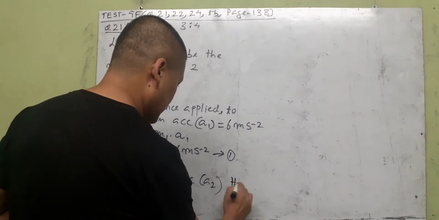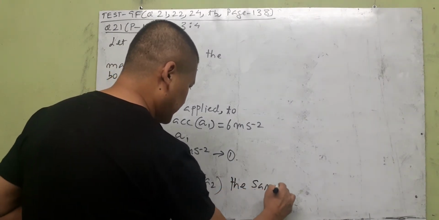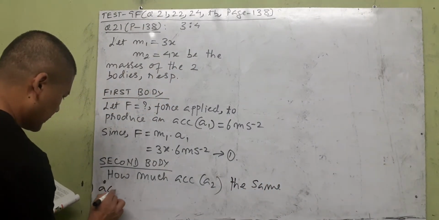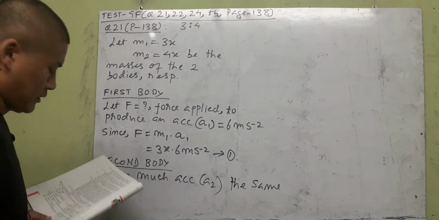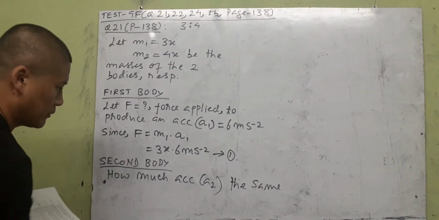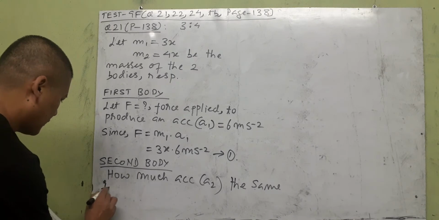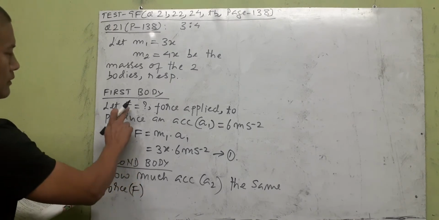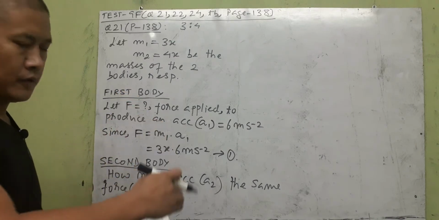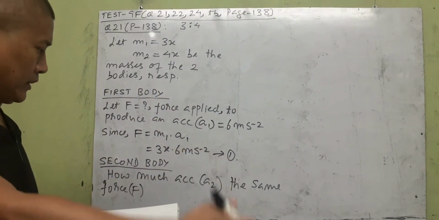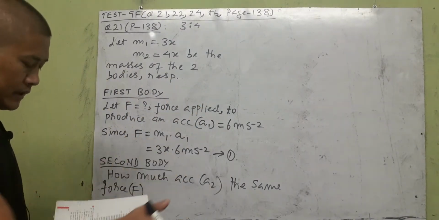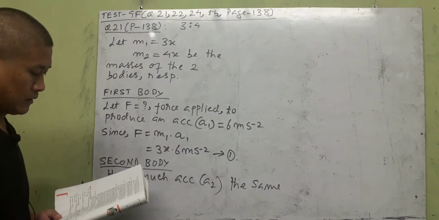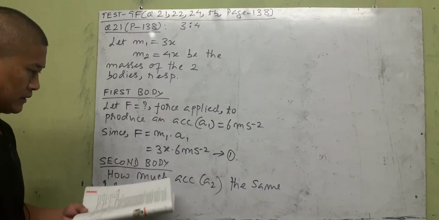The question is saying the same force, not the same acceleration. How much acceleration with the same force? The same force F means the force applied on the first body is also exactly the same force applied on the second body. That's what it means.